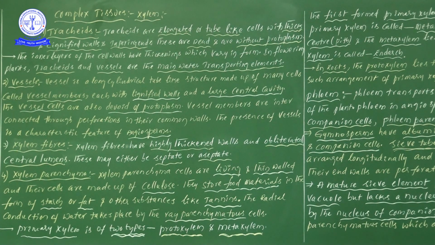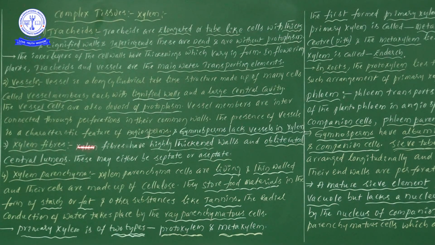In gymnosperms, vessels are absent. Lack means absent only. So the absence of vessels is a characteristic point of gymnosperms.